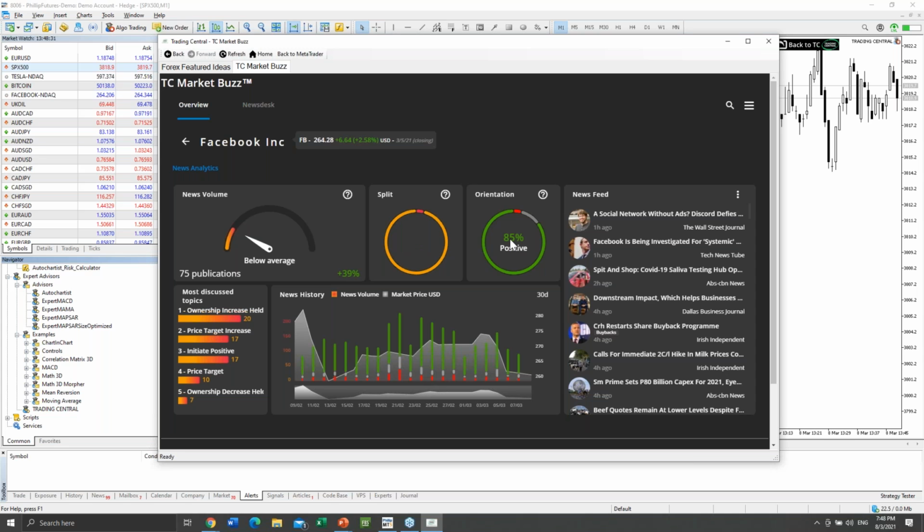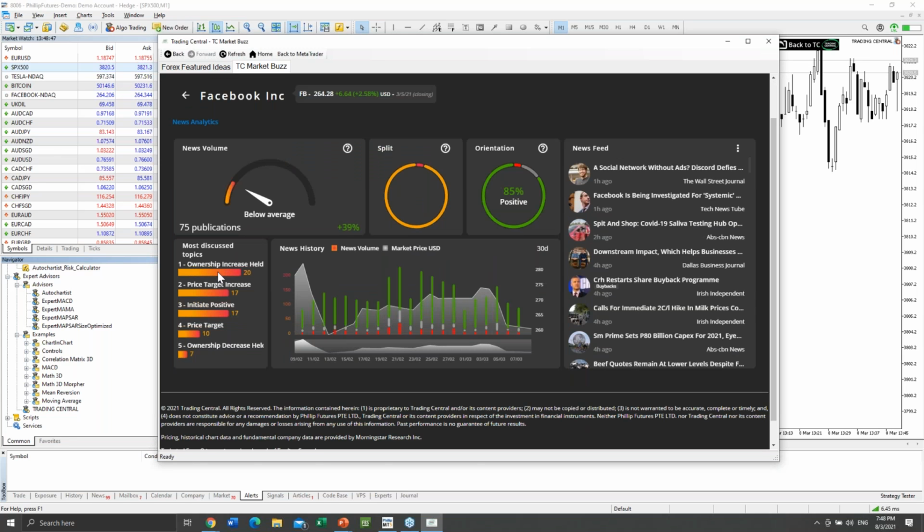It is 85% politics. So this is done again by the algorithm that we set in the system to detect the different direction or bias of the publication. What I think is also cool is that it shows you the most discussed topic for this publication. So of course, at the top you can see it is regarding ownership fees.